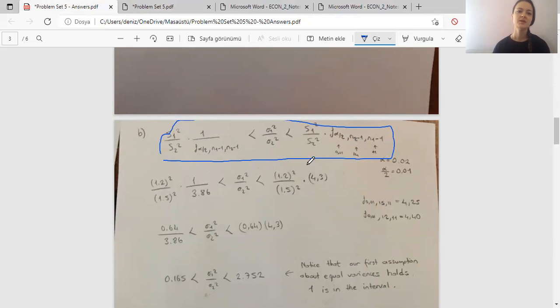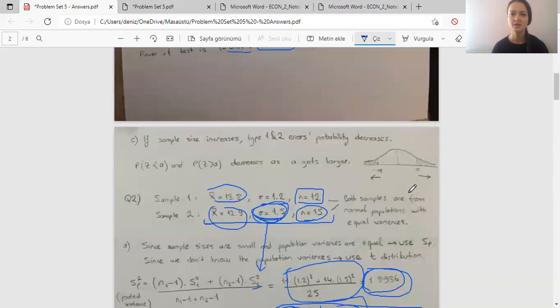The ratio of the variances has to be, with 98% confidence, between these values. Now here first we're going to find our alpha, which is 0.02, 1 minus 0.98. And we're going to use alpha over 2 in the formula from the same logic as before.